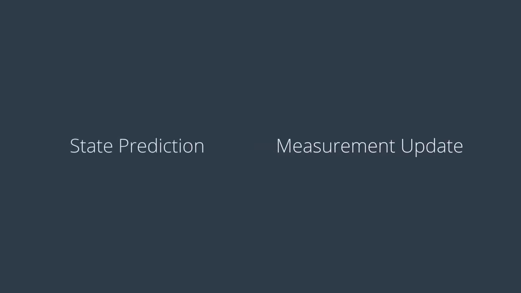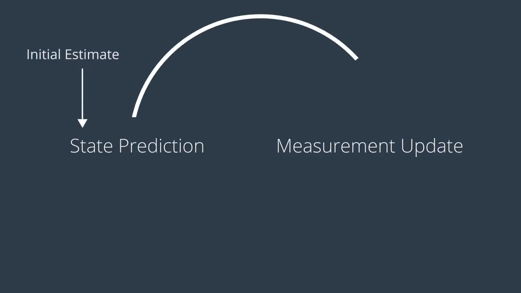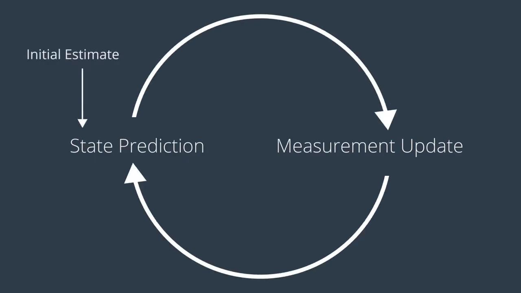We use the information that we have about the current state to predict what the future state will be. At the start, we use an initial guess. We continue to iterate through these two steps, and it doesn't take many iterations for our estimate to converge on the real value. In this lesson, we will dive into the implementation of each of these steps. By the end of the lesson, you will have an intuitive understanding of the Kalman filter algorithm, as well as be able to implement it in C++.